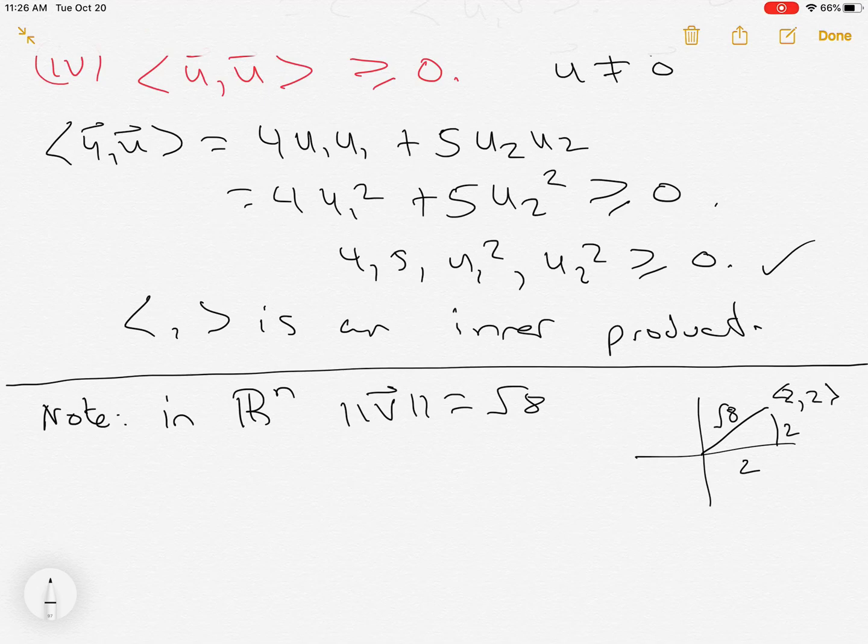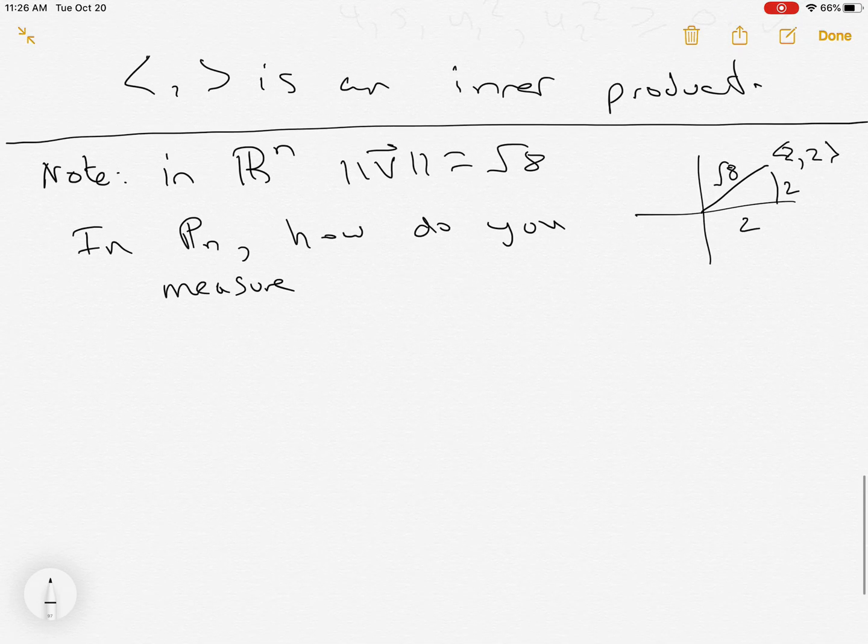But now, how do you measure the length of, let's say, because we're about to work in the polynomial space Pn, how do you measure the length of a polynomial? Well, it depends on the inner product.